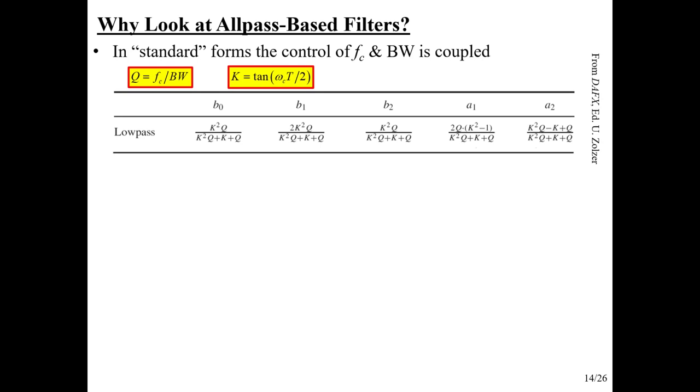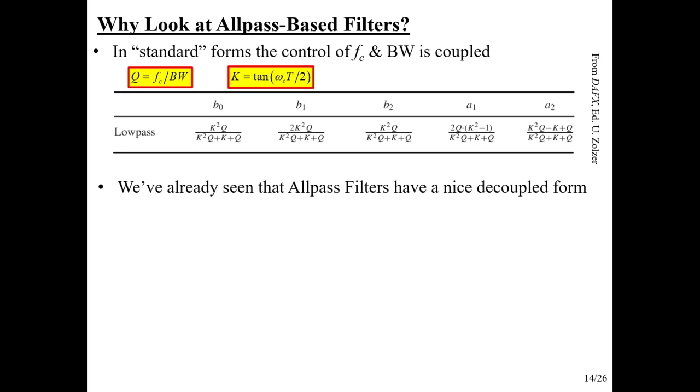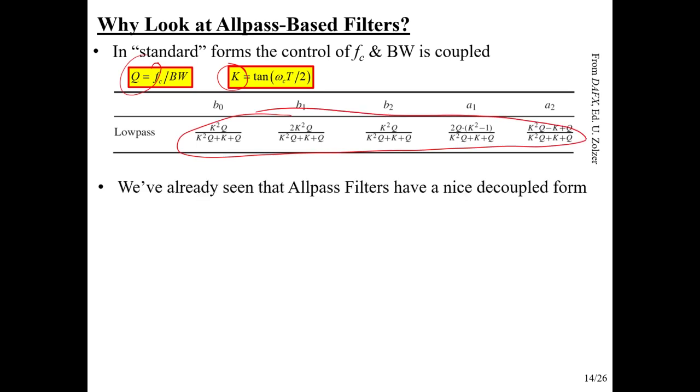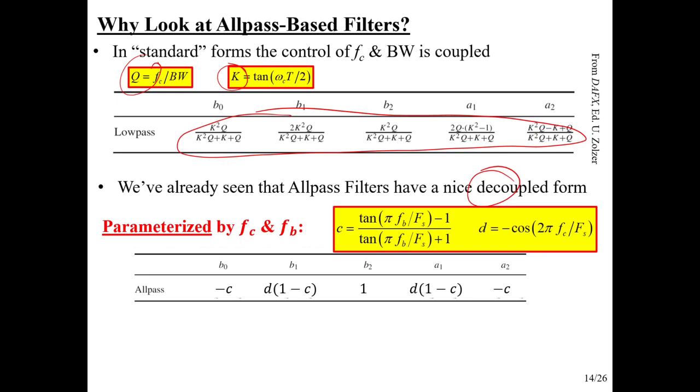So if you go back to a previous note set, we listed the low pass and other ones. I'm just going to show you low pass here. In terms of the K and the Q, everything is very complicated and coupled. But we've already seen that these all-pass filters get a fairly nice, fairly decoupled form, and we can parameterize the all-pass pretty simply.